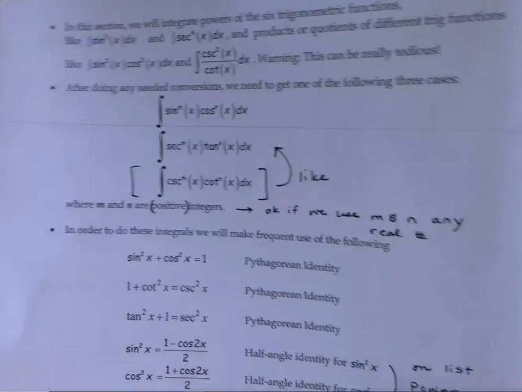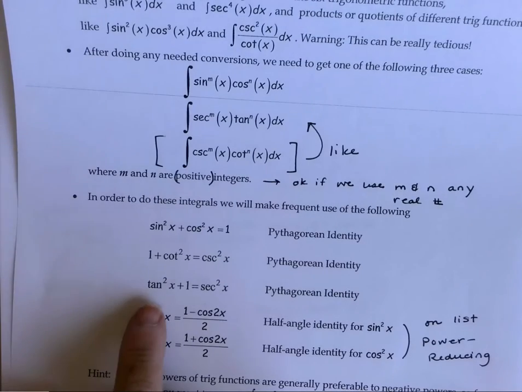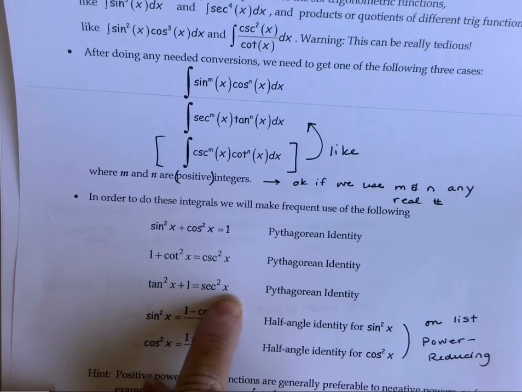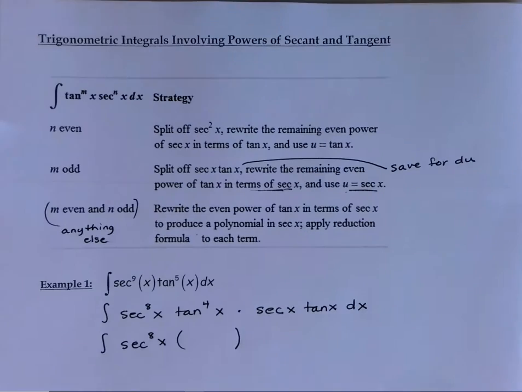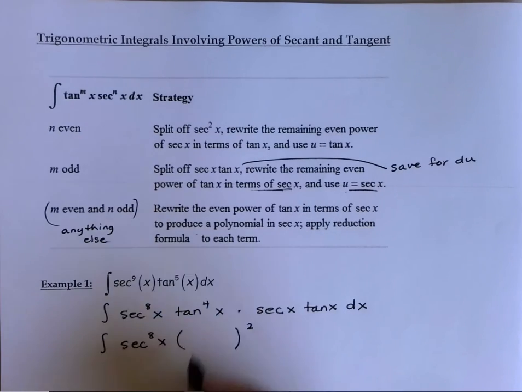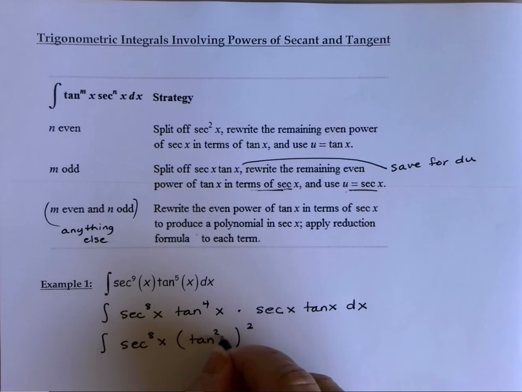I'm going to go back to my Pythagorean identities here, and I can see that tangent squared would be secant squared minus 1. So this is really tangent squared, squared. I'll replace the tangent squared. Well, actually, let me write it out this way for our first time.